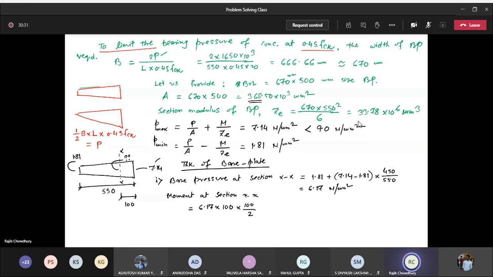So this is per unit width, plus 7.14 minus 6.17 divided by 2 multiplied by 100 times 2/3 of 100.